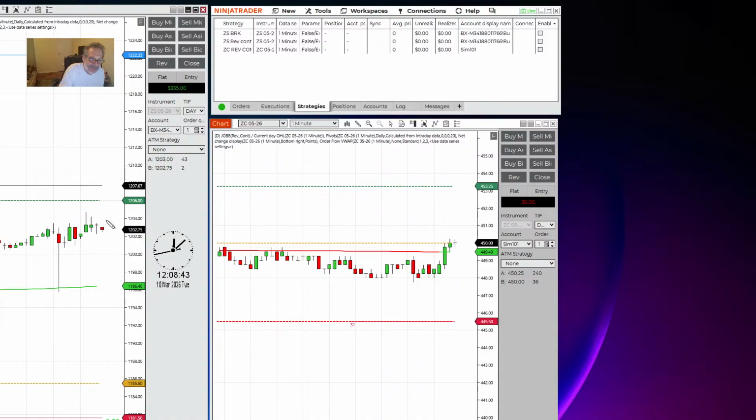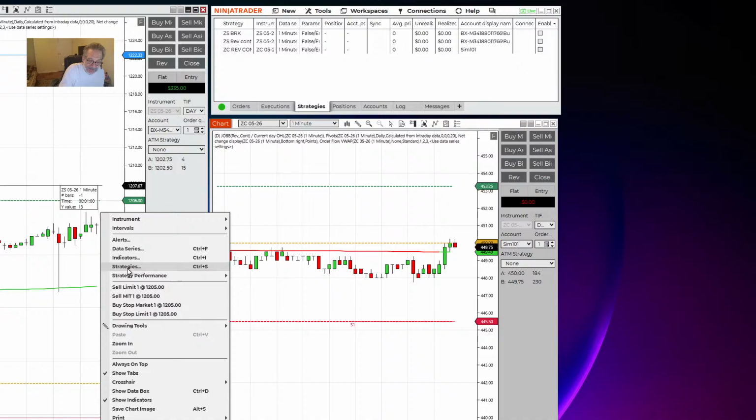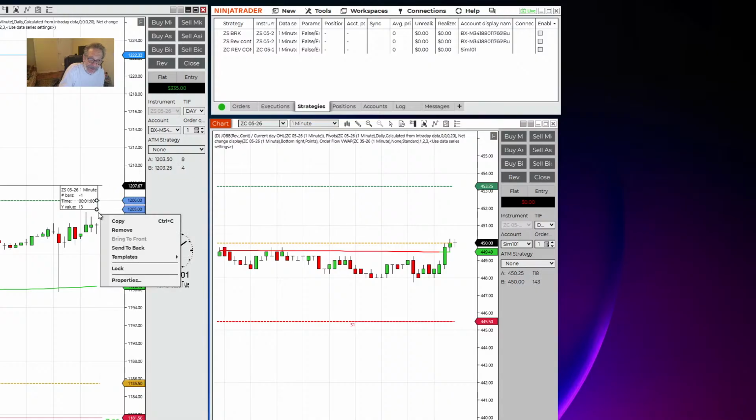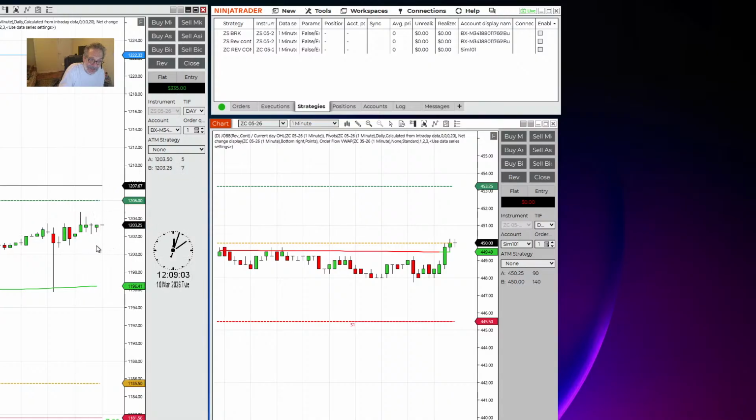How many ticks is it? So from where we are now, right? 13-ish ticks. You got to use a 20 risk, right? And it's so darn slow. I mean, I think it's going to go high rather than low.